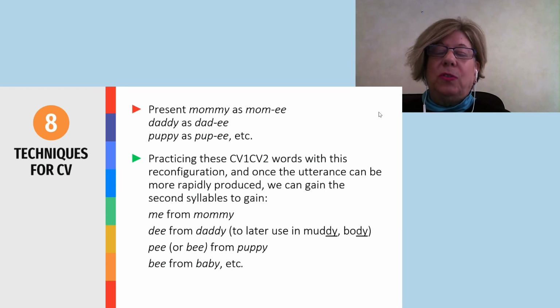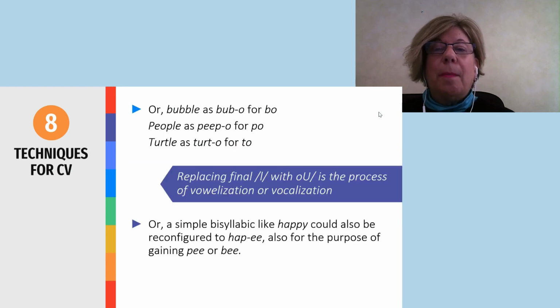We're going to practice those vowel change words with this reconfiguration, and once the utterance can be more rapidly produced, we can gain the second syllables, M from mommy, D from daddy, to later use for muddy and body, or B from puppy and B from baby. Or bubble as bub-o. And we're going to keep working on bub-o until it gets so rapid that we can then get that bo from bubbo, or a po from peepo for people, and a toe from turtle.